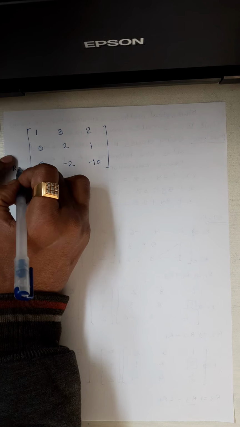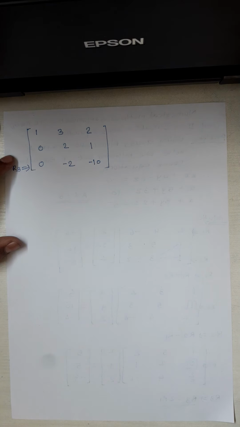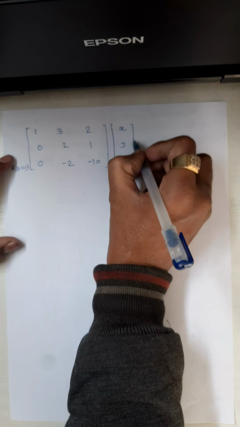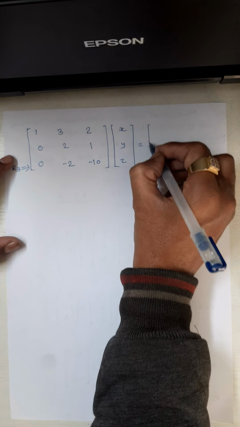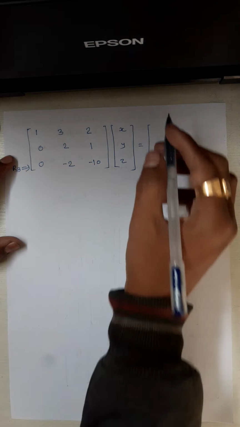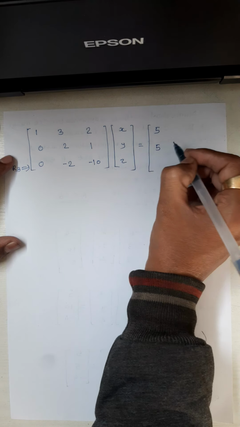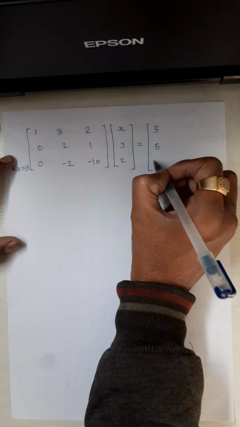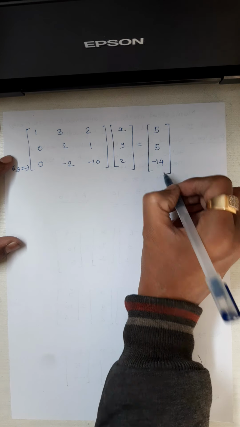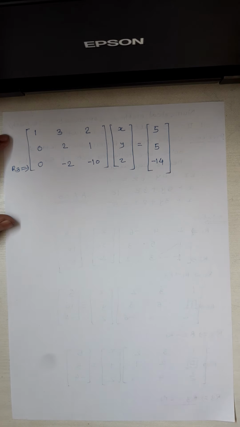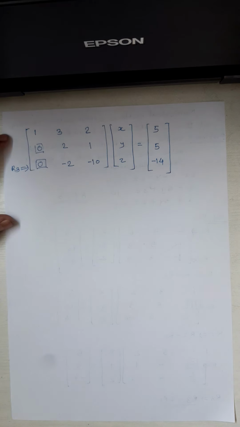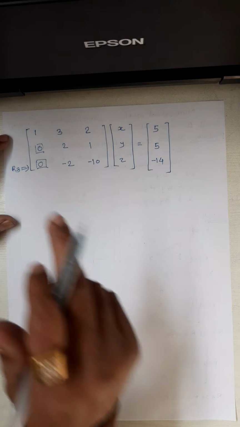By performing R3 minus 2R1 into x y z is equal to 5, 5, and the R3 element is minus 4 minus 2 into 5, that is equal to minus 14.